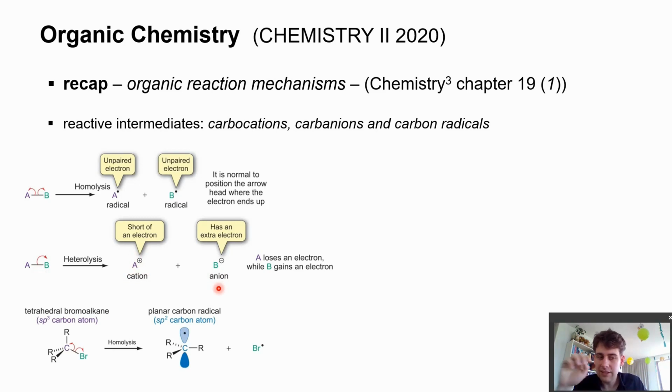And here we see the implication this bond breaking has on the different orbitals. Here again, we see a tetrahedral, so an sp3 hybridized carbon atom. And here we can see if this carbon-bromine bond is broken in this homogeneous way, in this homolysis, we are getting an sp2 carbon atom where the one radical is stored here in this p orbital that's left over.